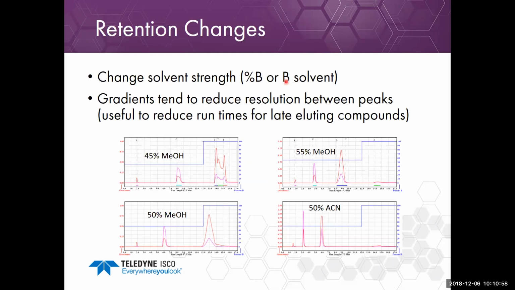So by changing the solvent strength, the percent B or the B solvent, I can also adjust the resolution. I have here a series of isocratic runs, and the first example shows 45% methanol. I can make the peak elute earlier, about 0.75 times the retention time, by going to 50% methanol.